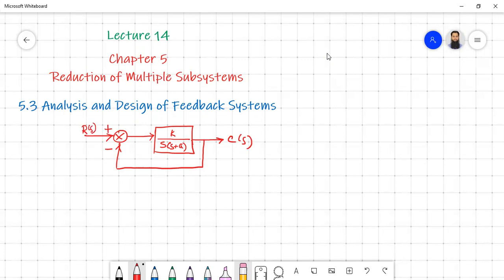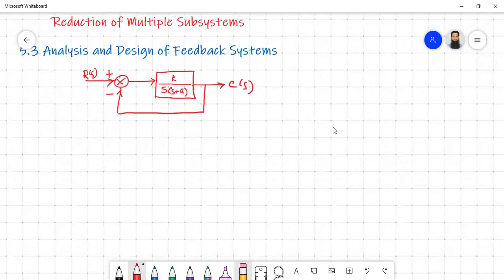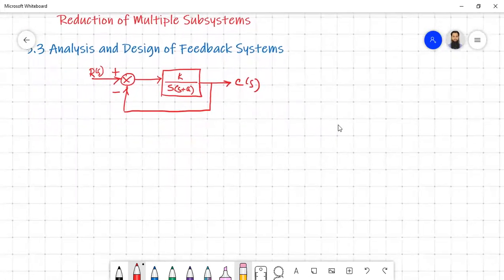Now, we also know how to apply the block diagram reduction method for the feedback system. The formula is very simple. I think it will be better to use a different color.